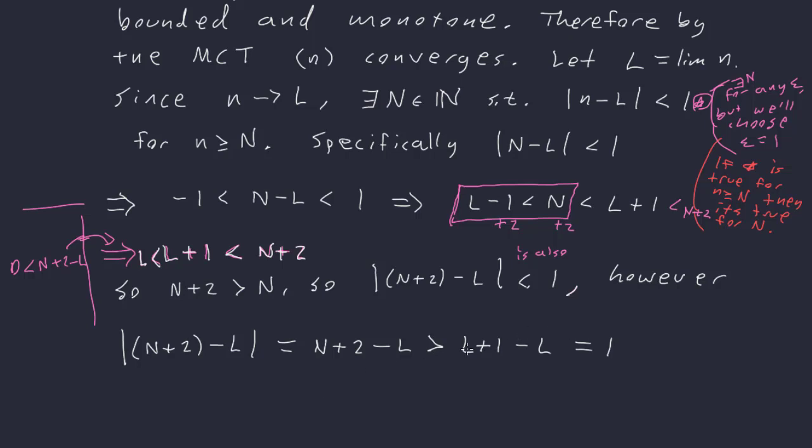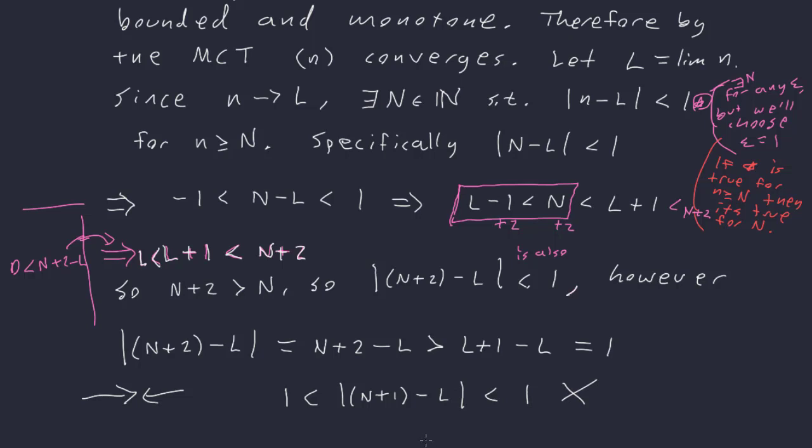So we have that the absolute value of N plus 2 minus L is less than 1, and the absolute value of N plus 2 minus L is greater than 1. So this is a contradiction, because we can't have that 1 is less than this thing, which is less than 1.